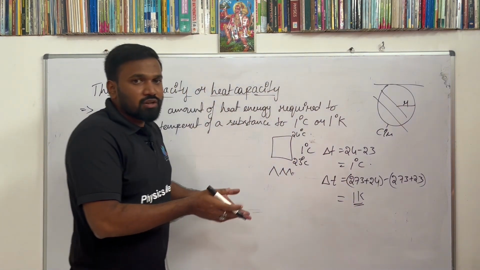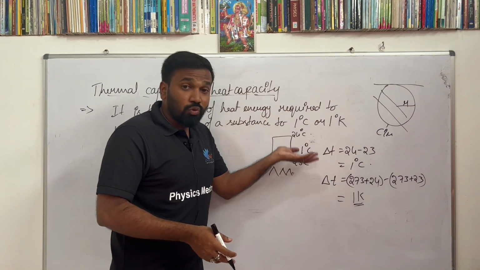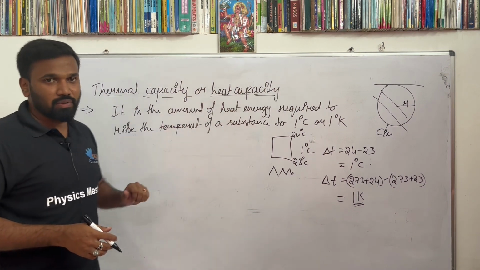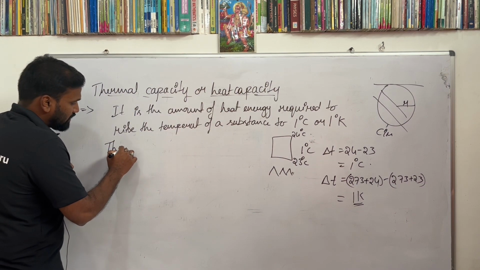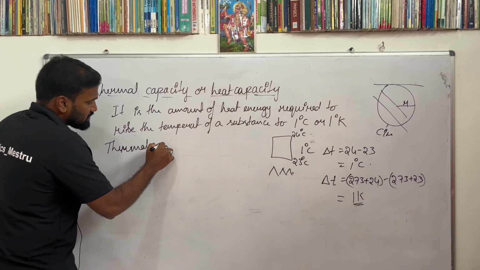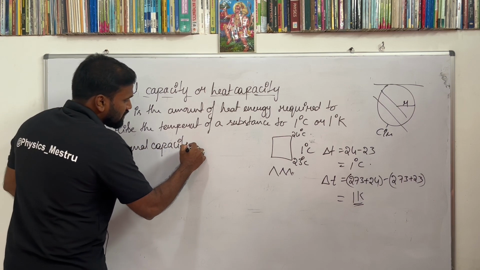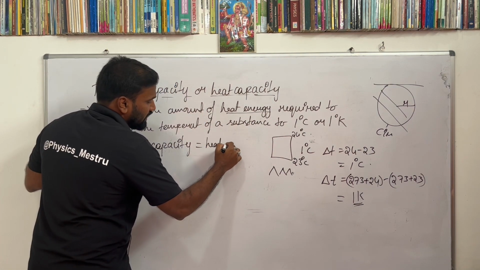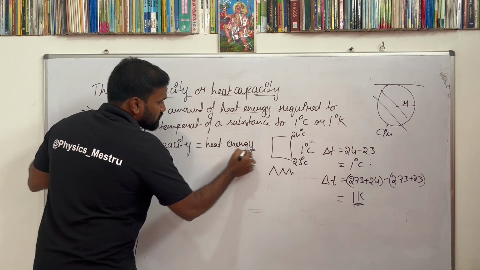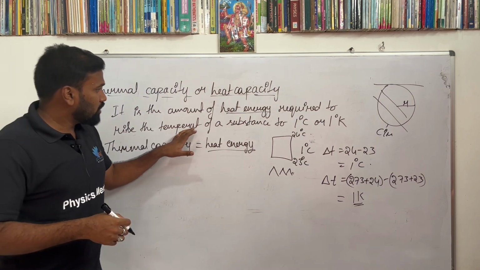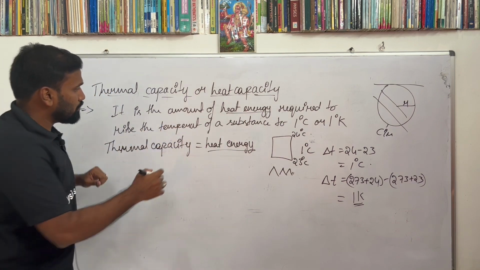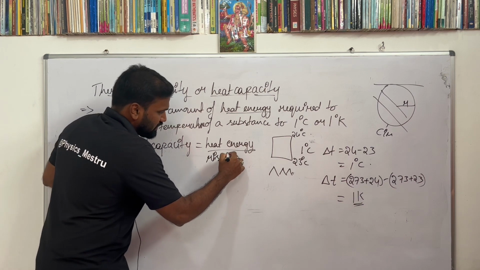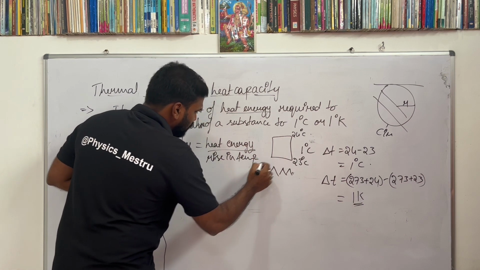So the amount of heat required to raise the temperature of any object by 1 degree Celsius is nothing but thermal capacity. Mathematically, thermal capacity is the amount of heat energy required to raise the temperature by 1 degree Celsius.